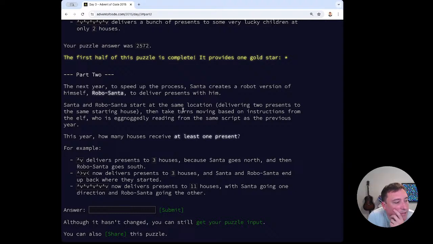And really, how many houses receive at least one present? How do we break this problem down? Maybe if we give Santa, let's give Santa a unique houses delivered to.